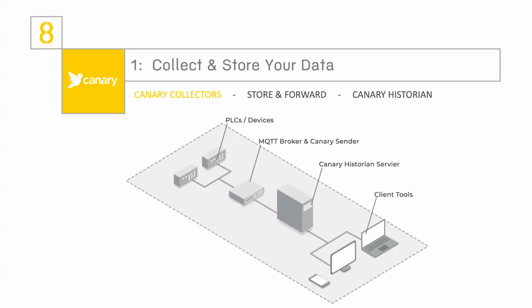If that tag did not exist in the historian, it will go and create it. It will build it for us and start historizing the data inside of the Canary historian. So those are the typical architectures that we'll deploy, either utilizing OPC or utilizing MQTT to get the data into our Canary historian solution.